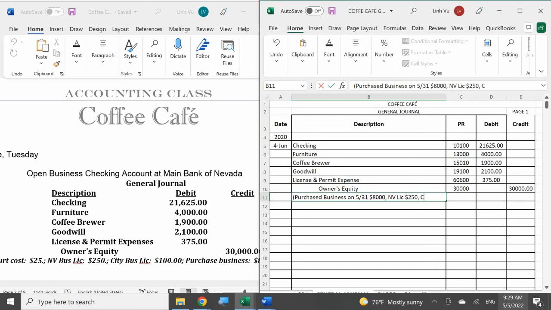You got the city license for $100. And then you got court cost for $25. That should be good enough.